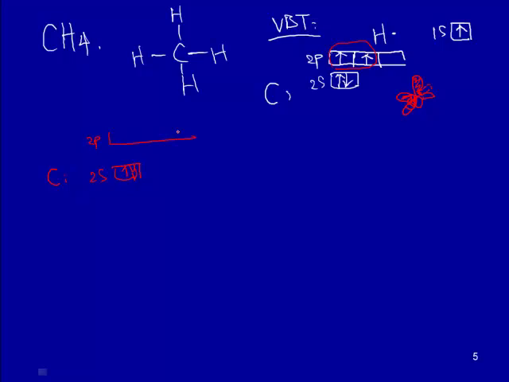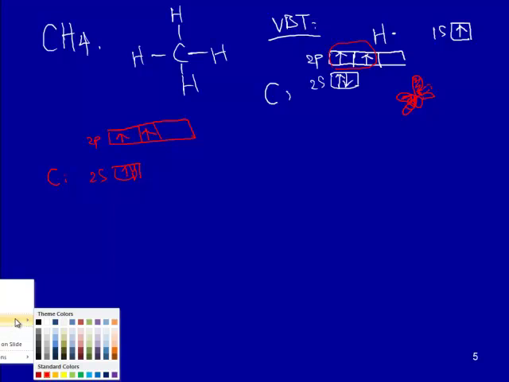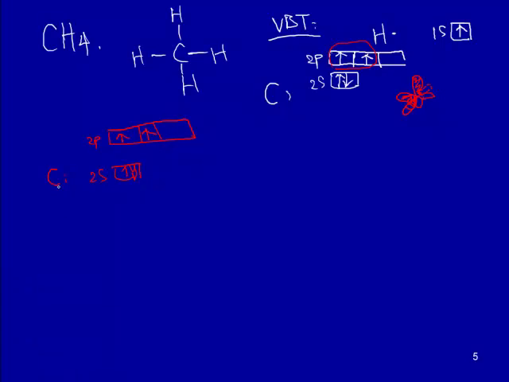So it's 2p, and this is essentially what we're looking at, how nature is going to handle this dilemma. You need 4, but you only have 2 that are qualified to form a sigma bond with the surrounding hydrogen.